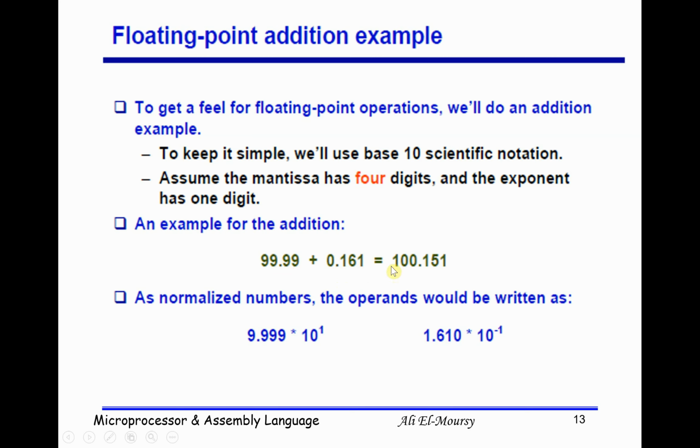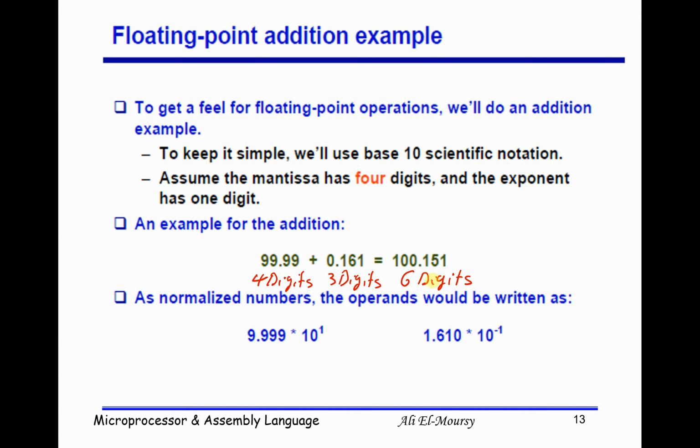It is clear from the result that, although each of the operands fits in 4 digits and 3 digits, the result of adding those two numbers together needs 6 digits.